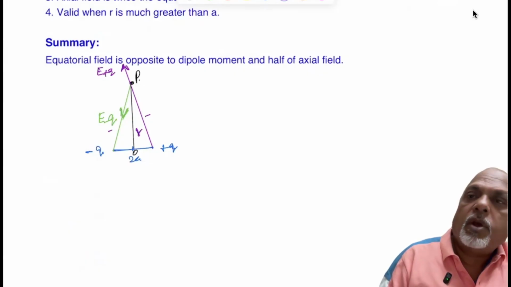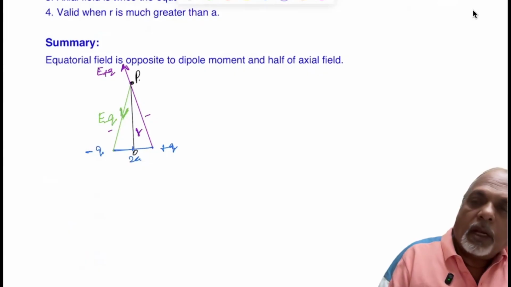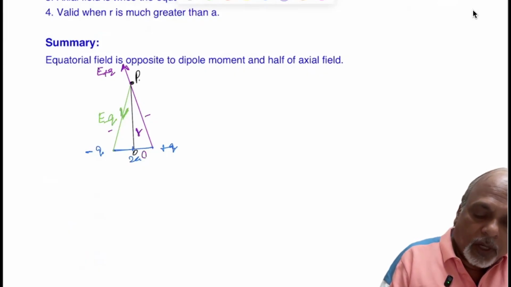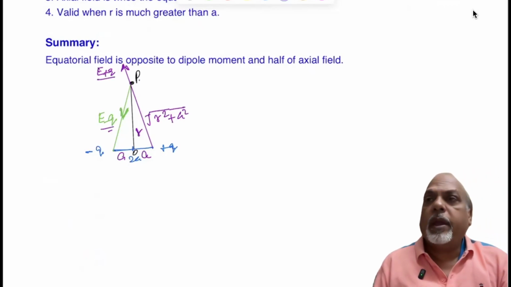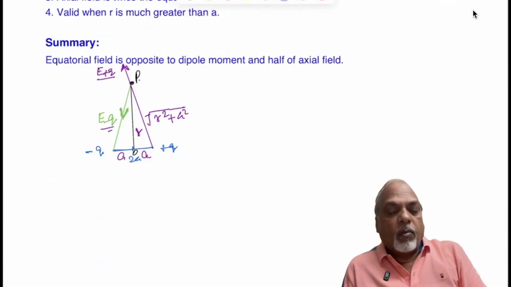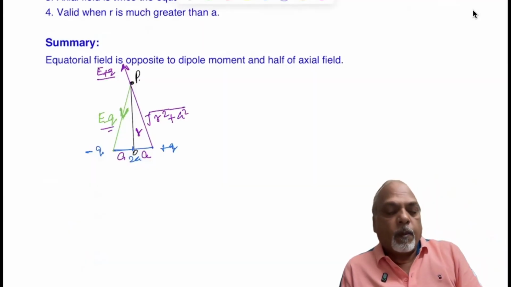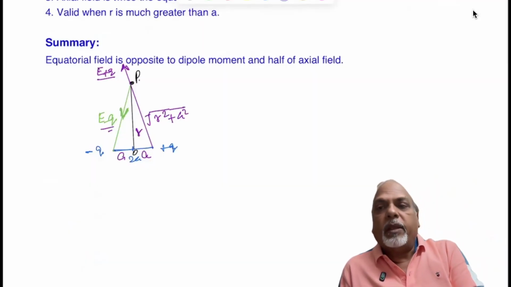At r distance, we have to find out the electric field at P. This is a. So what is this? This is basically nothing but root of r square plus a square, and E plus Q and E minus Q will be equal because they are at the same distance.